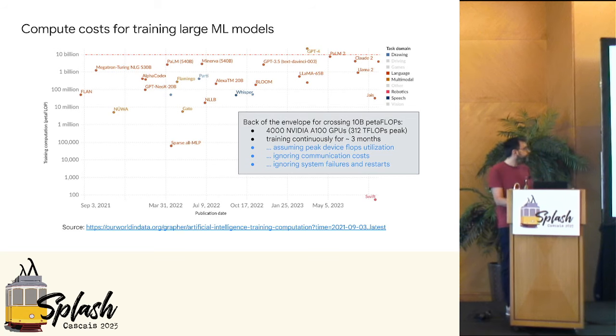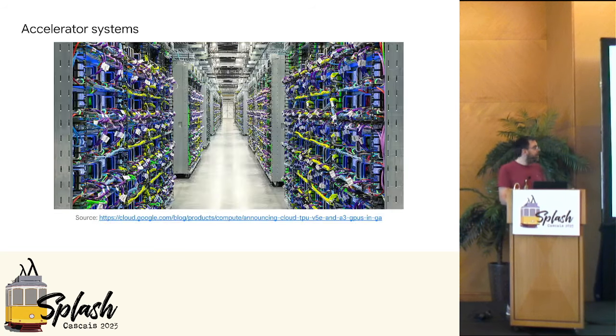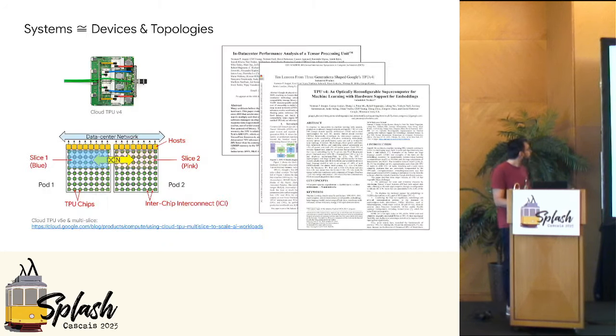So these kinds of programs run in big clusters, and this is a figure from a recent Google Cloud offering for some accelerator setup. For the purposes of this talk, I think it would suffice to think of these systems as devices and topologies.